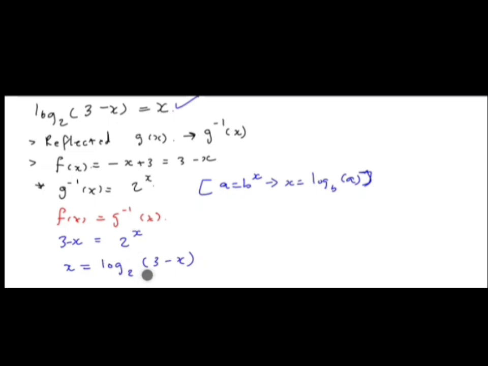So this example enables us to attribute the fact that our initial x-intercept, which was at (1, 0), will now be our y-intercept.